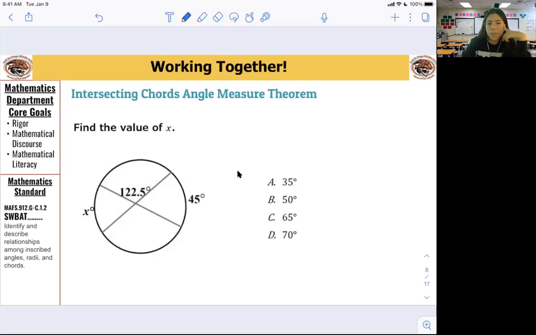Okay, so the answer choices are not correct. So send me your answers in the chat. What is the value of x? Oh, wait, hold on. Oh, never mind. The answers are right. I'm being silly. Hold on.